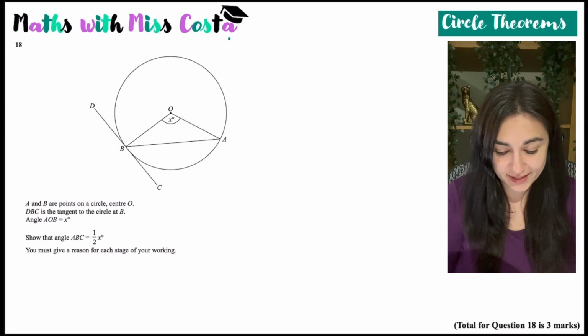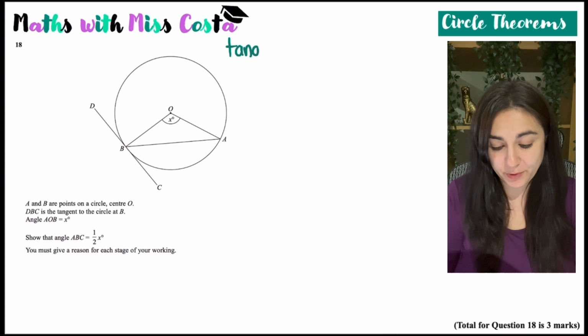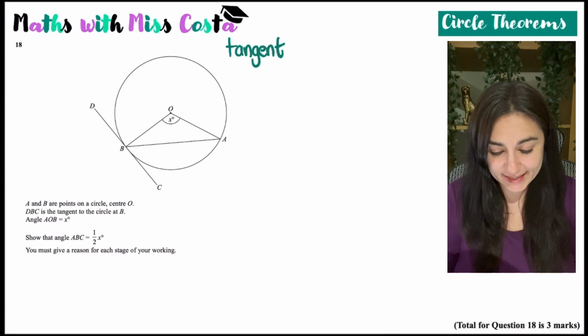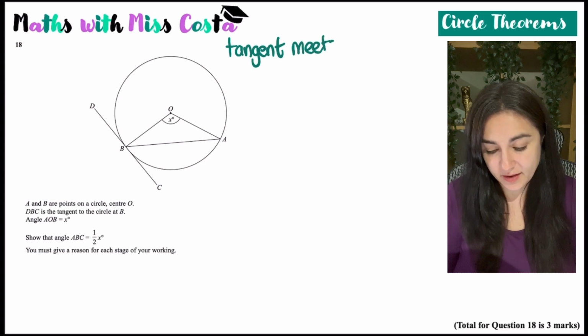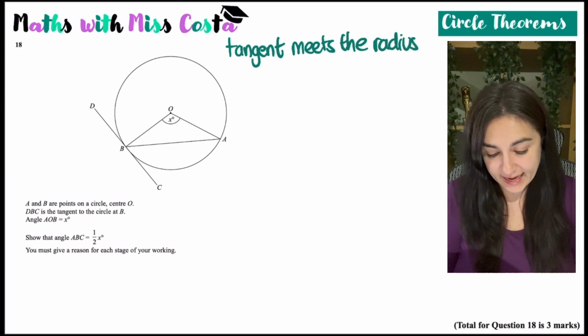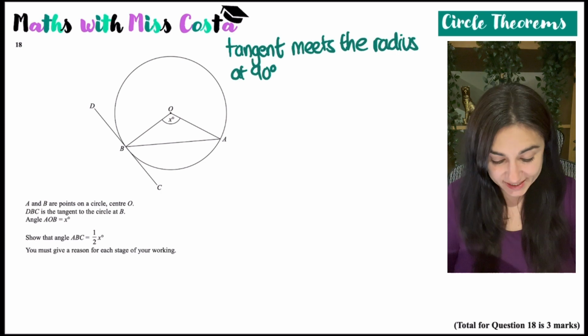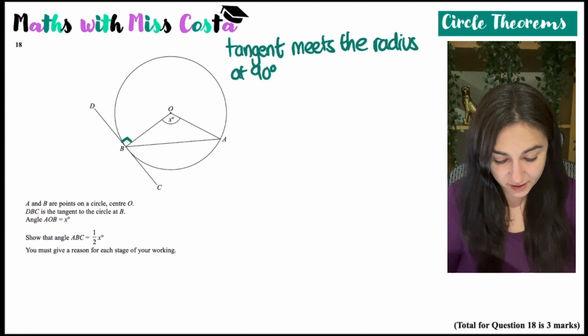So that's a really key word that should spring to mind one of the circle theorems, which is that a tangent meets the radius at 90 degrees. Okay, so this is one of the circle theorems. A tangent and a radius form perpendicular lines.